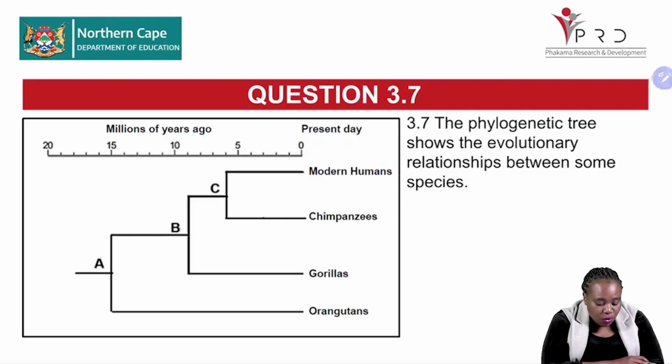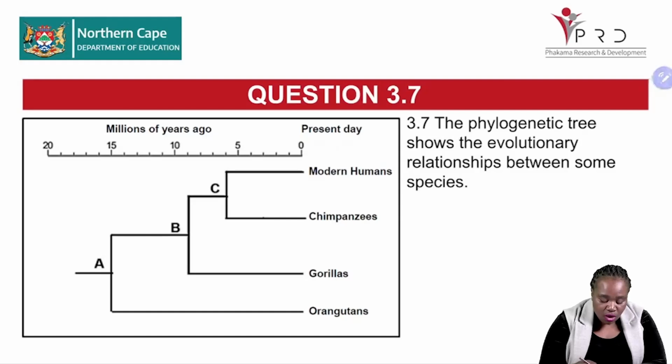Right. Okay, so we have our time on top in million years, and we also have present day. Right. And then we have the modern humans, which started existing about 4 million years ago until present day. We have the chimpanzees, which also started here. The common ancestor is here, and then they branch here. Both the humans and the chimpanzees, they branch at the same time about 4 million years ago.